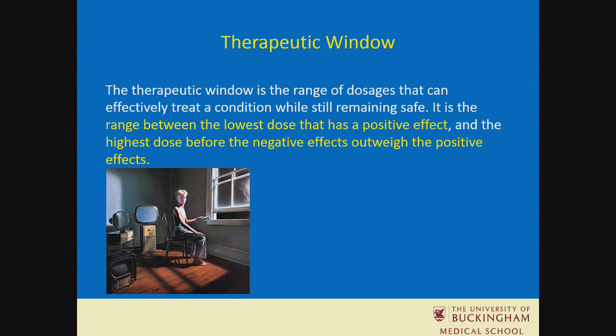So the therapeutic window, that difference between the effect that you want and the effect that you don't want, is the space that you've got to play with when you're trying to treat somebody with drugs. It is the range of doses that you can use.